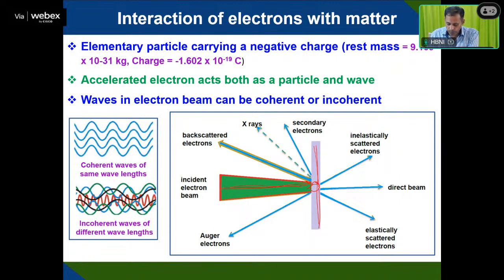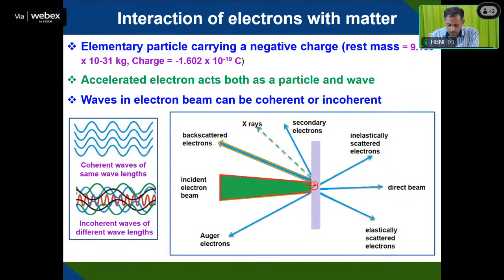This electron beam can propagate inside the material up to a certain volume, which is called the interaction volume. That is the electron range, the distance up to which it can propagate inside the material.